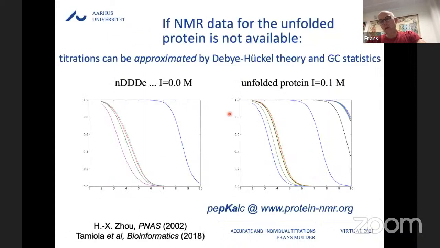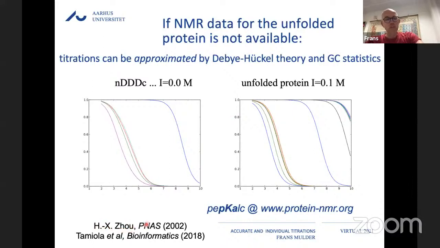If one does not have access to the unfolded state, or if the unfolded state contains just too many residues that they're hard to resolve spectroscopically, the alternative is to do this by calculation. Here we followed a recipe that was presented by Professor A.A. already many years ago.